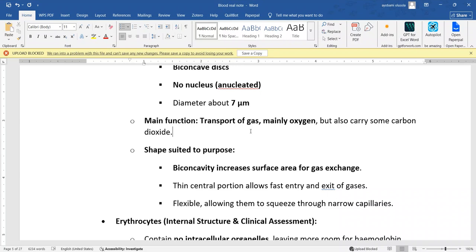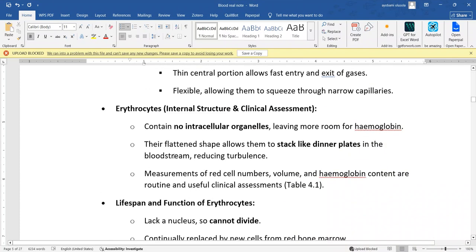Then they are also flexible, and this allows the oxygen to squeeze out. Now, although the erythrocyte is a cell, it does not have any intracellular organelles. The only thing you have inside a red blood cell is hemoglobin, just hemoglobin.